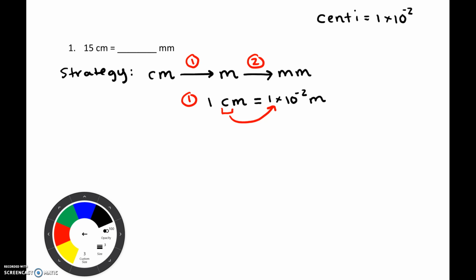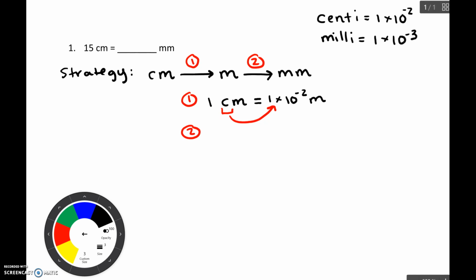I can convert from centimeters to meters. In step 2, I need another equivalence, but now I'm going to use my definition for milli. So I recognize that m in front. When I've got a lowercase m as my prefix, it stands for milli. The factor there is 1 times 10 to the negative 3.